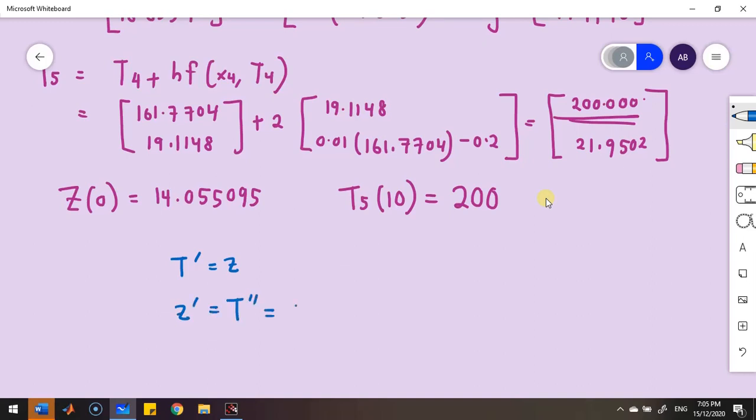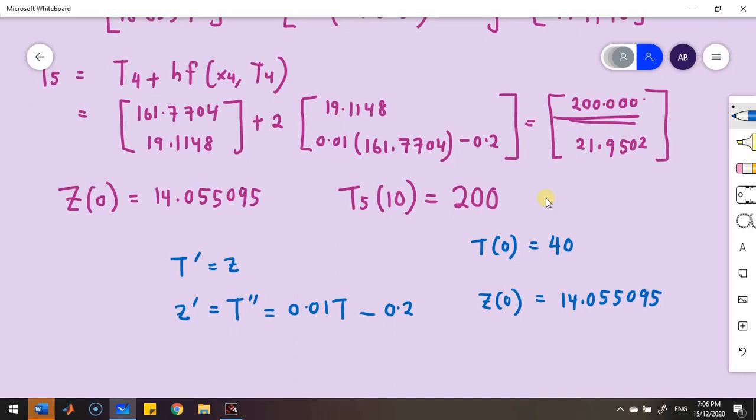So look back to this problem again, which equals 0.01 t minus 0.2. Now I can write t0 equals 40 is given, and z0 equals 14.055095. So now you have actually solved it.